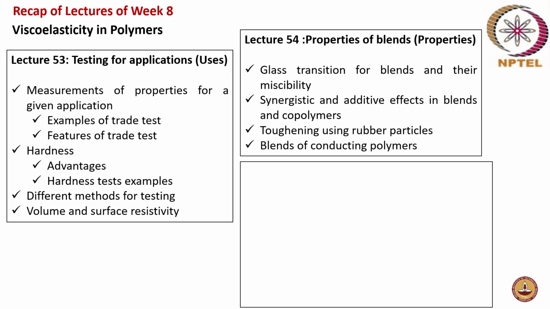What was discussed in this lecture on blends of conducting polymers is that we need not have the pure conducting polymer. For example, if we have PANI as pure, it may be a conducting polymer, but you cannot form a flexible film with that. So you may need to add some other polymer to improve some mechanical properties, but still you can have a good conductivity when you have a blend.